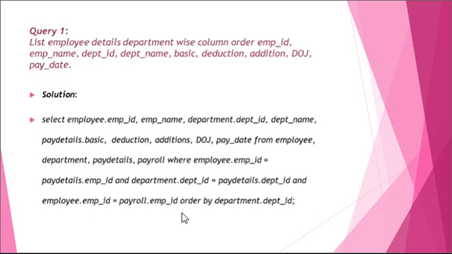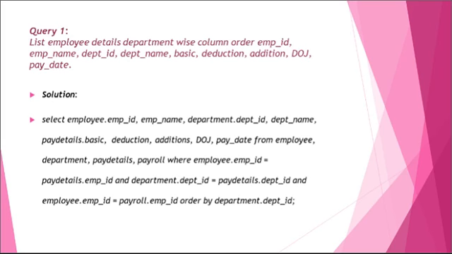And I want a certain order that is already given, department wise. So I have mentioned order by. The order by command will provide the order according to which I will get that particular data, right?